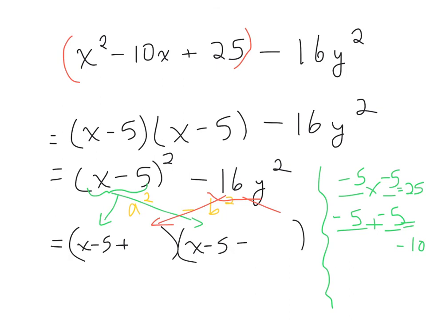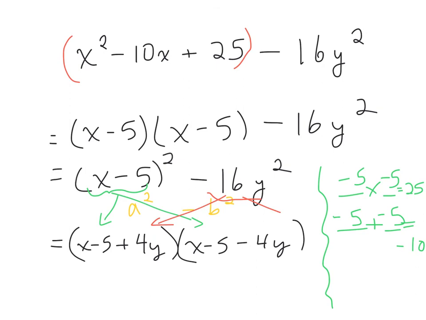So the square root of 16y squared is simply 4y, and then 4y. Now I'm ready to see if there's anything that I can simplify. Is there anything that I can simplify?